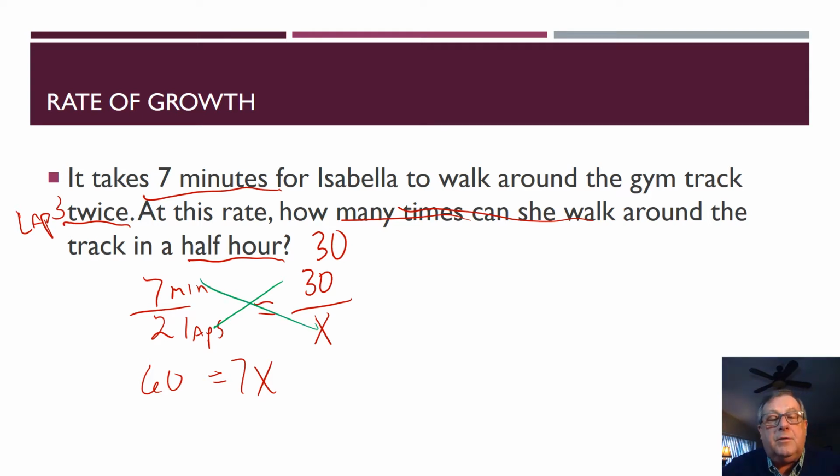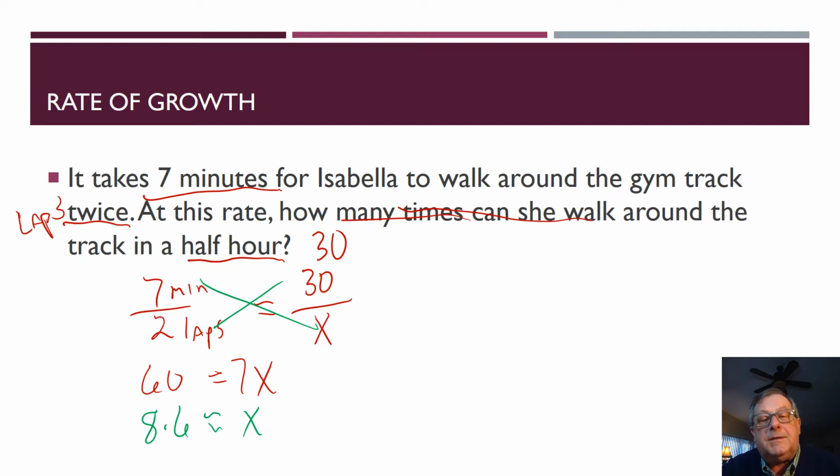And now all we have to do is divide 60 by 7 to solve for x, and that should tell us how many laps she can make. 60 divided by 7, and let's get that in a decimal. 8.57, or let's say that she can walk about 8.6 laps in 30 minutes.